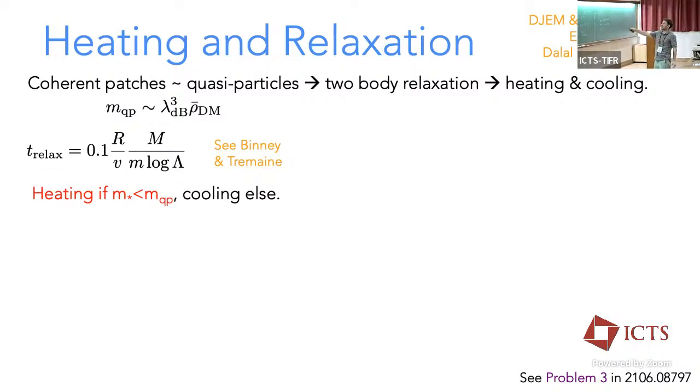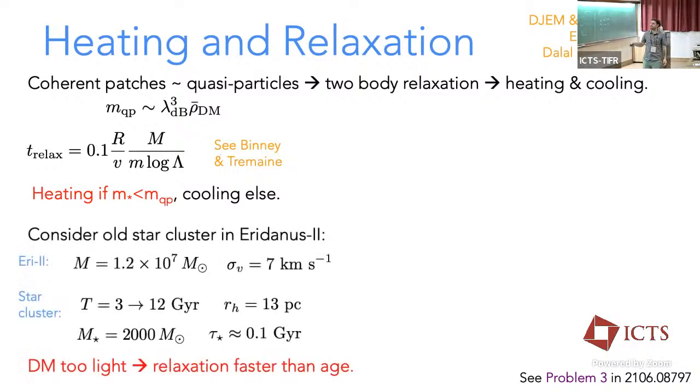This leads to heating and cooling, two-body relaxation, scattering of a star with these quasi-particles. You get heating of a distribution of stars if the mass of the stars is less than the mass of the perturber, the quasi-particle, and otherwise you get cooling. This is gone through in detail in one of the problems that I mentioned, so we're just going to talk about it quickly.